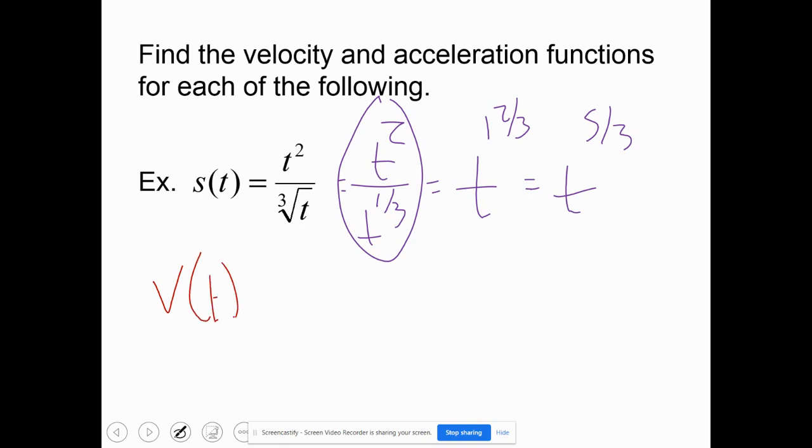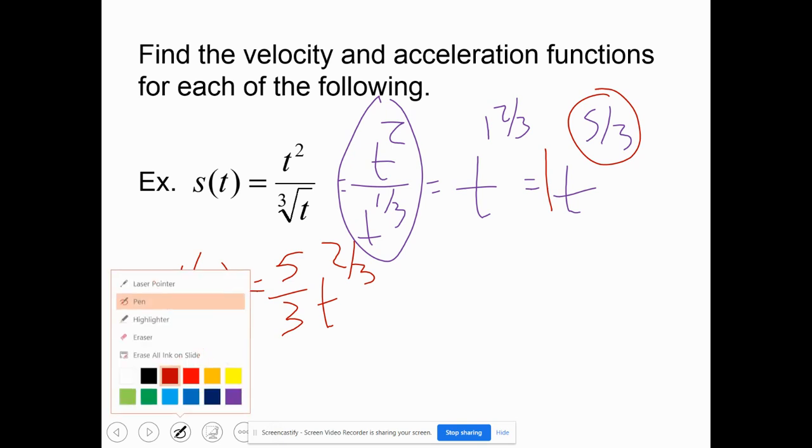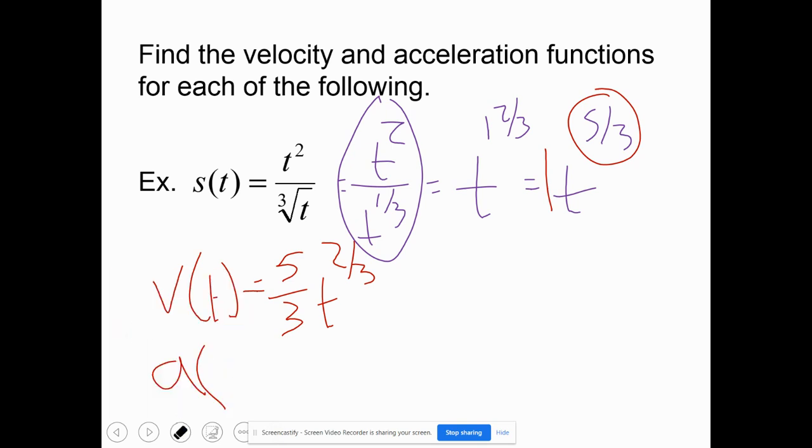V of t, I'm going to put a 1 in front. 1 times 5/3 would be 5/3. t to the, if I subtract 1 from here, subtracting 1 is the same thing as 3/3. So 5/3 minus 3/3 would give me 2/3. For the acceleration formula, A of t, I've got 5/3 times 2/3, which would be 10/9.